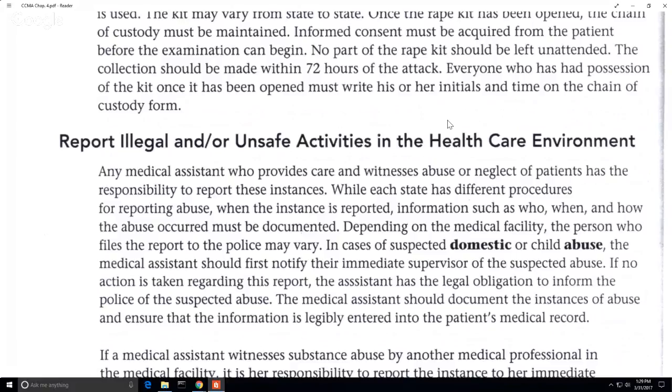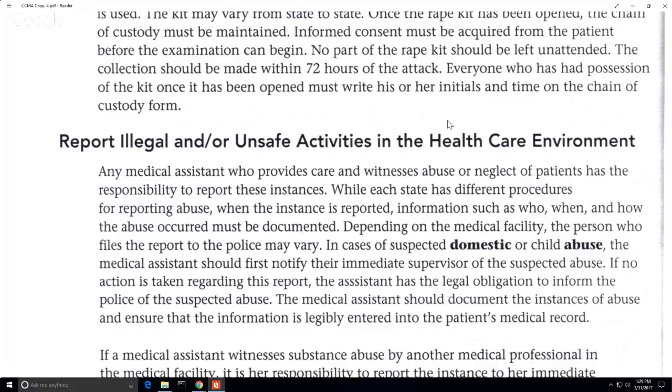If you tell your supervisor and they don't take any action, then you are free to call the police. But first you are supposed to tell your supervisor and see if they take any action.